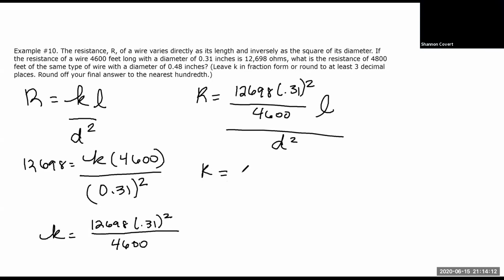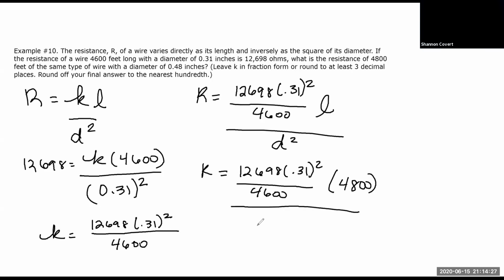For this particular problem, that's 12,698 times 0.31 squared over 4,600 times a length of 4,800 feet when the diameter is 0.48 squared. So my resistance is 6,288.07 ohms.